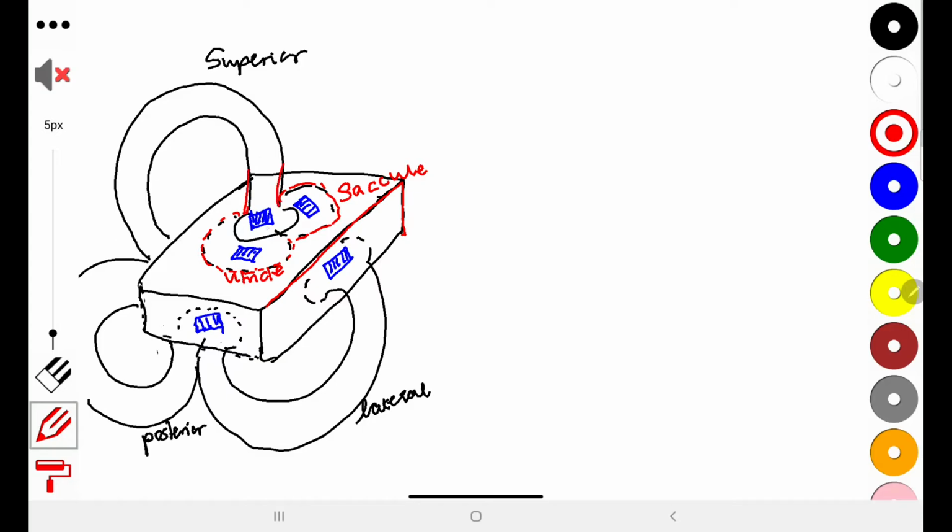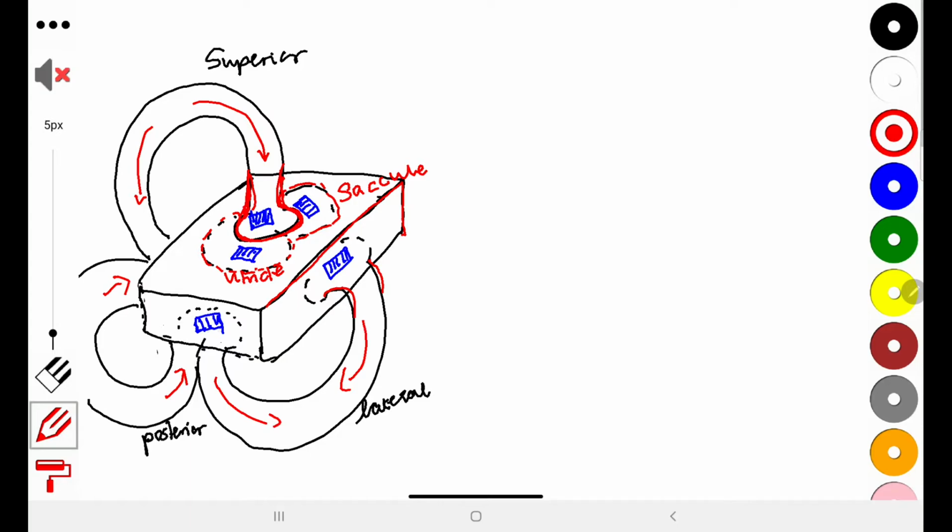These canals are semicircular, and at the bottom of each of these we have cristae ampullaris, and the cristae are the ones that hold the detection apparatus for whatever fluid is in these canals.